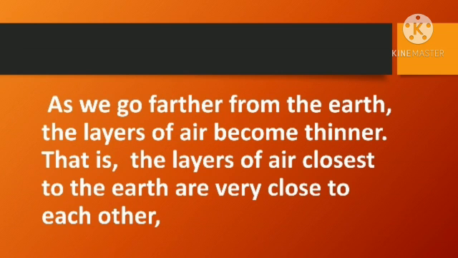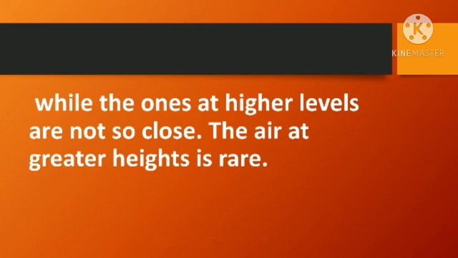As we go farther from the earth, the layers of air become thinner. That is, the layers of air closest to the earth are very close to each other, while the ones at higher levels are not so close. The air at greater heights is rare.